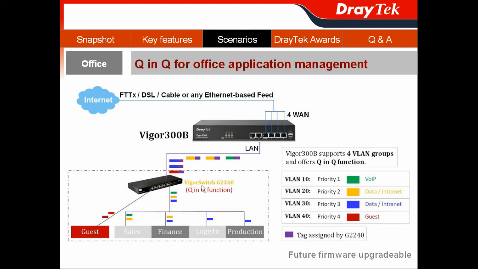Bundled with our Vigor Switch G2240, which supports the QoS function too, your applications like voice over IP, data, and guest can have the most suitable priority for your Office environment application.